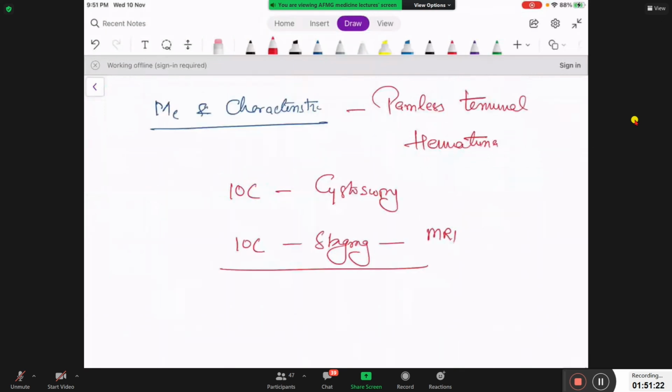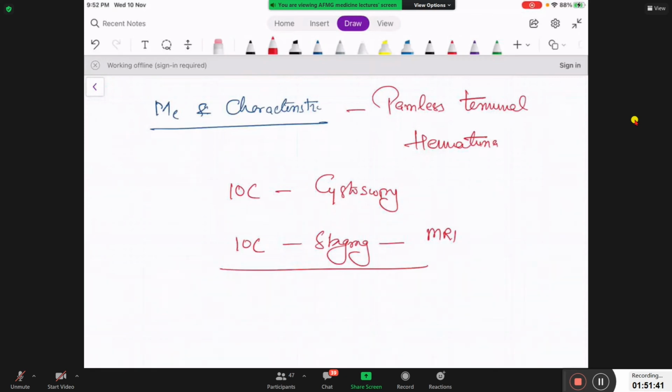Now, I am again going to give you a very simple way of understanding the management of carcinoma bladder. If you understand this, you can answer any question on management of carcinoma bladder. What is that? You already know that in hollow organs, T stands for depth of penetration.